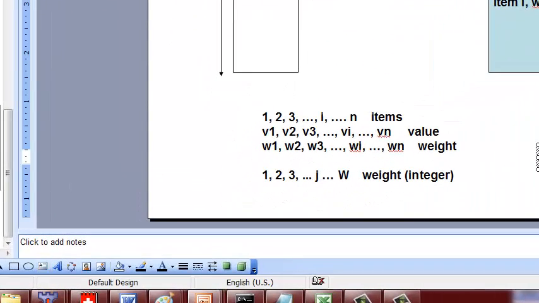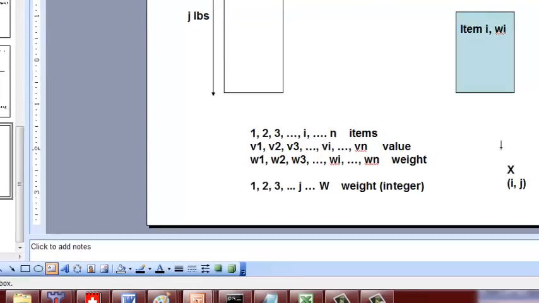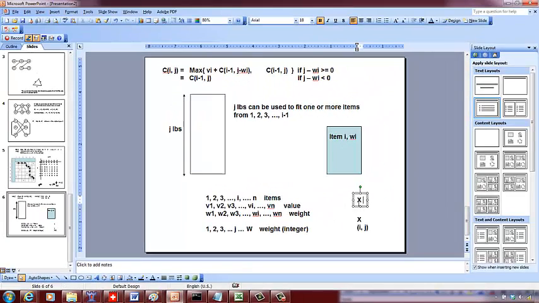So for a given cell (i, j), you consider the entry above the cell, which is (i-1, j).